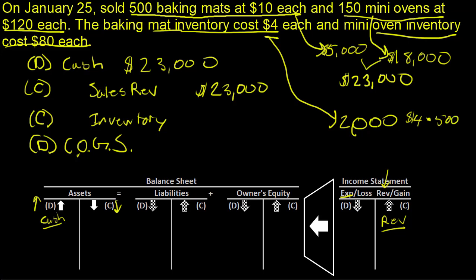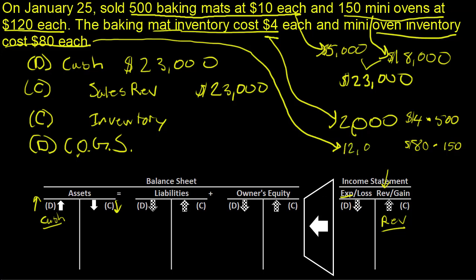And then our mini oven inventory cost, that cost $80 each, all right? And we sold 150 of those, right? And since we sold 150 of those at $80, if we do the math on that, it is $12,000, all right? $12,000. And so the combination of these two is the total inventory that we sold, which is $14,000.